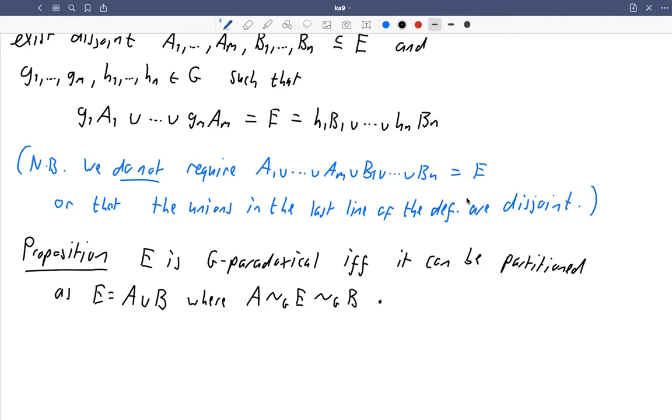They partition the whole of E, so we have this equality here, and the G decomposability gives us that these are in fact partitions of E, and so the unions are disjoint.